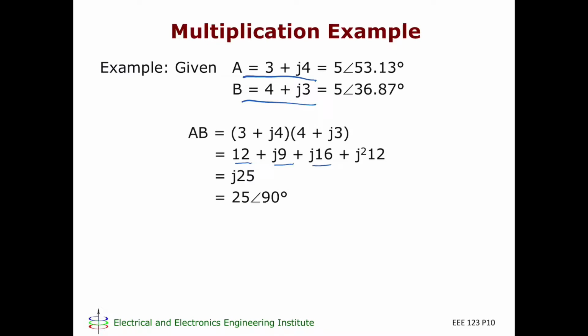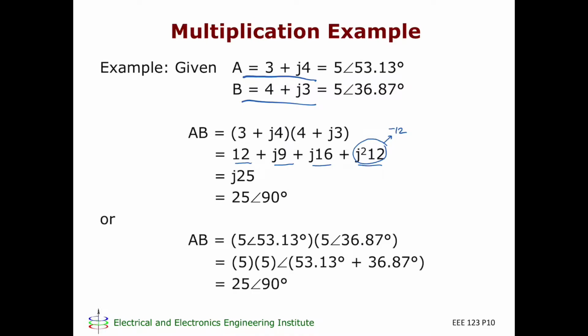And j4 times j3 is j squared 12. But what is j squared 12? This is minus 12. So minus 12 plus 12 is 0. We end up being left with j9 plus j16 or j25, or 25 at an angle 90 degrees.